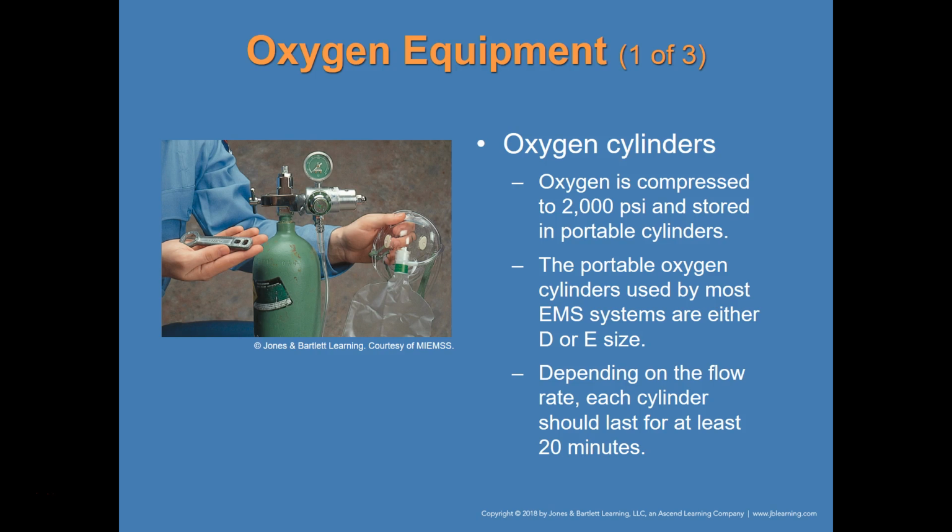Now, with blood loss and other traumatic injuries, the amount of oxygen that's available to the cells could be insufficient. So administering supplemental oxygen to patients showing signs and symptoms of shock is something that we do to make sure that the cells of the body are still getting that oxygen.